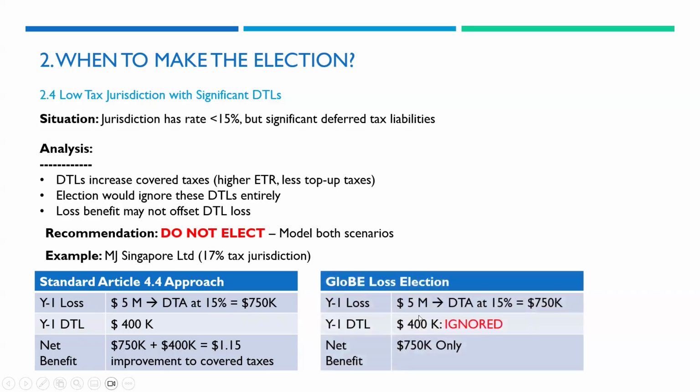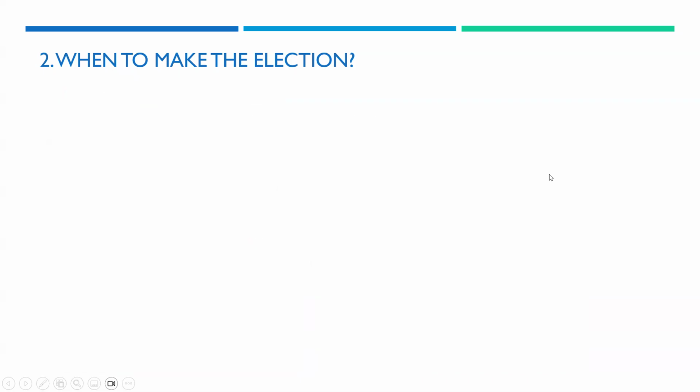If you take the globe loss election, that 5 million DTA at 15%, you will get 750K, but this 400K will be ignored. So the net benefit would be 750K only. Since it brings your numerator down, you may have to pay additional top-up taxes. So in such a scenario, even if you are in a low tax jurisdiction, if you have significant DTLs, do not take it.